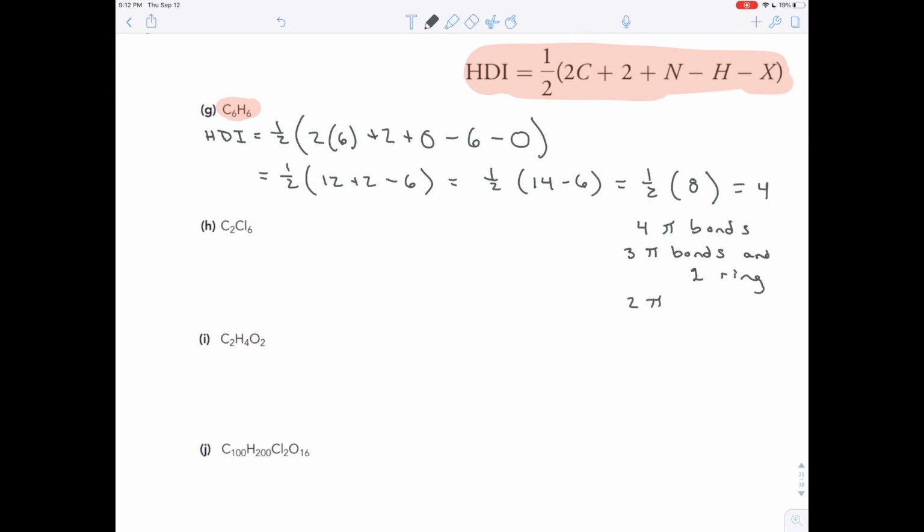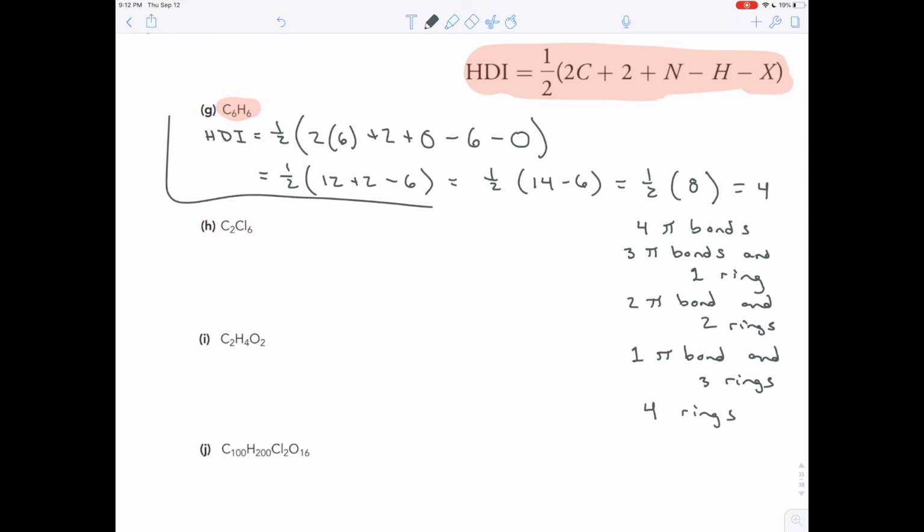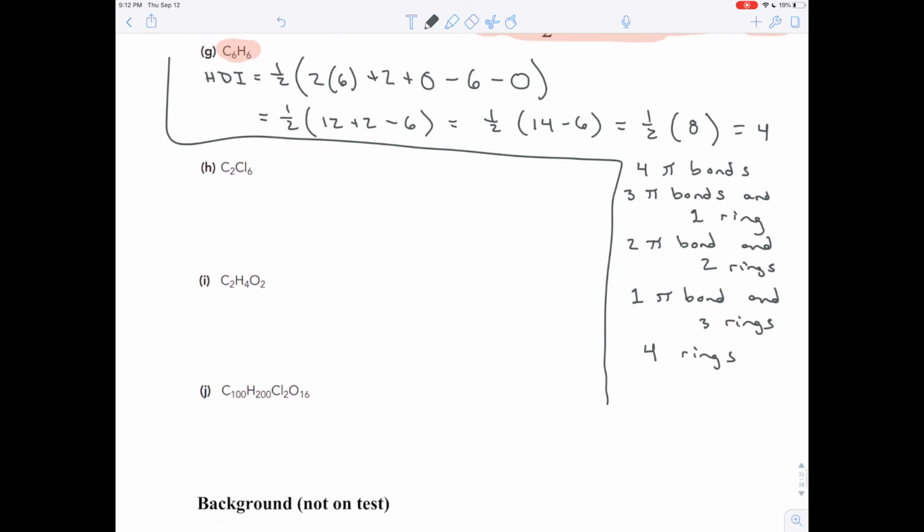You could have 2 pi bonds and 2 rings, or you could have 1 pi bond and 3 rings, or you could have 4 rings. So those are all ways of getting a hydrogen deficiency index of 4. One common molecule that has a hydrogen deficiency index of 4 is benzene. Benzene has 1 ring and 3 pi bonds. So that would be like this here.